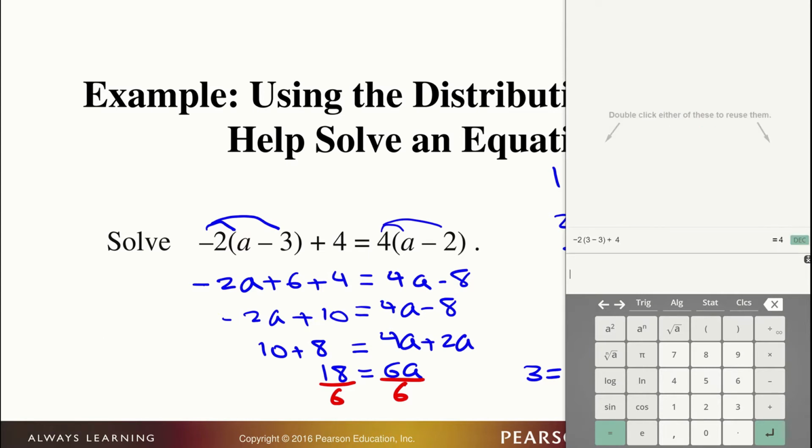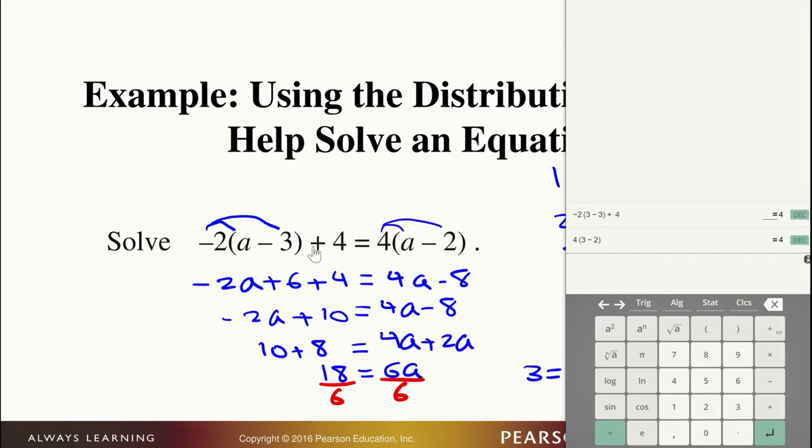and then hit the equal sign, so we have that. And then on the other side we're going to plug in 3 as well, so 4 times 3 minus 2 close parentheses, hit enter. We do notice that we get the same numerical result on both sides once we substitute a.